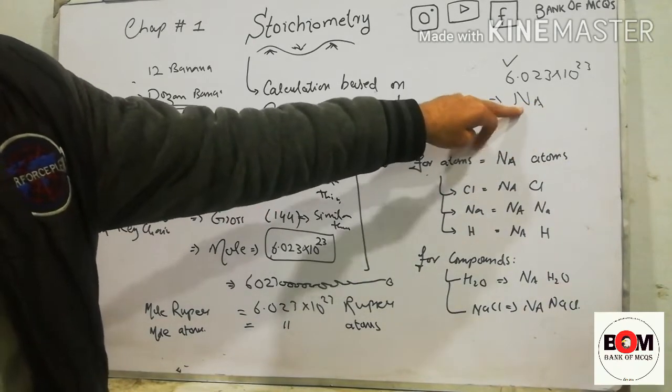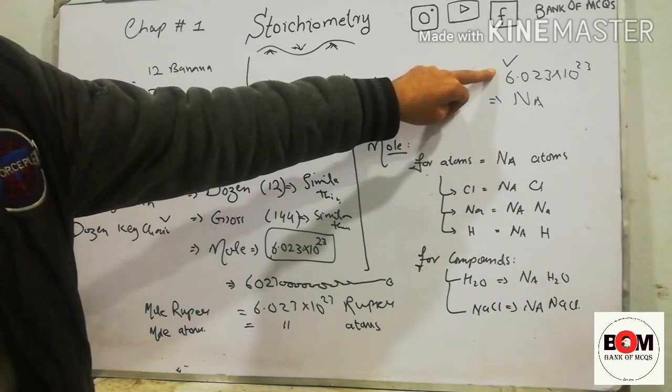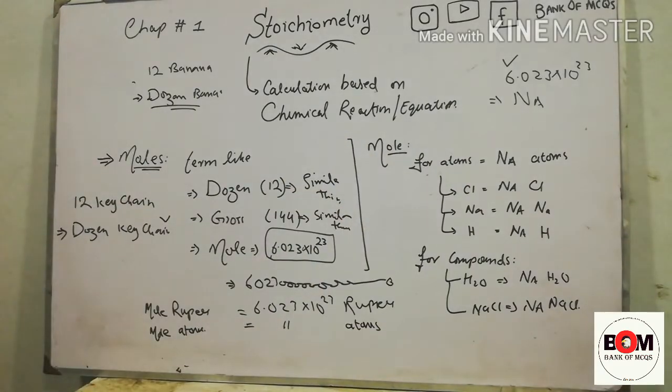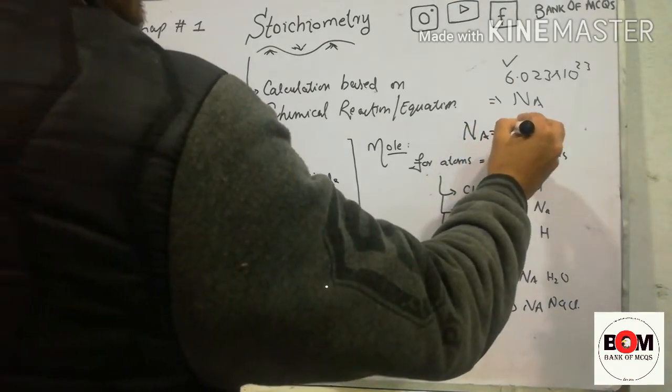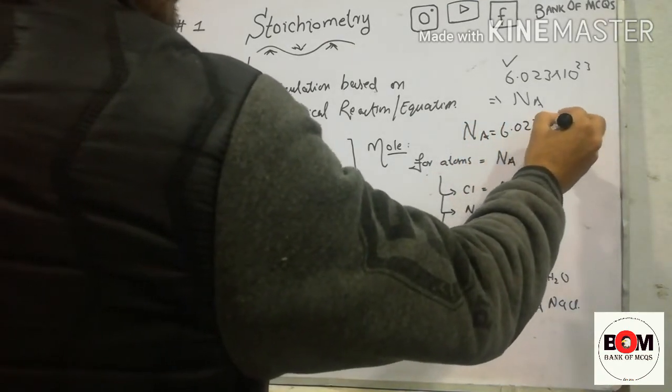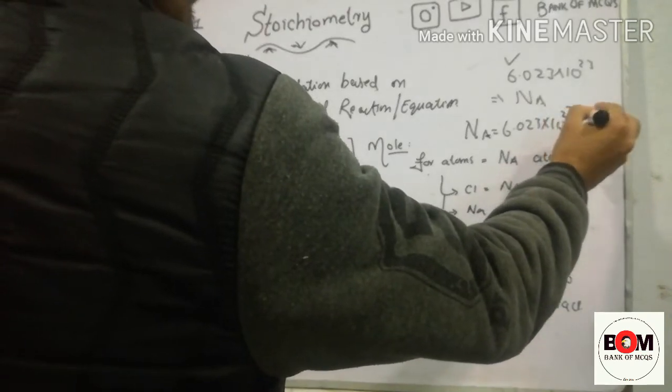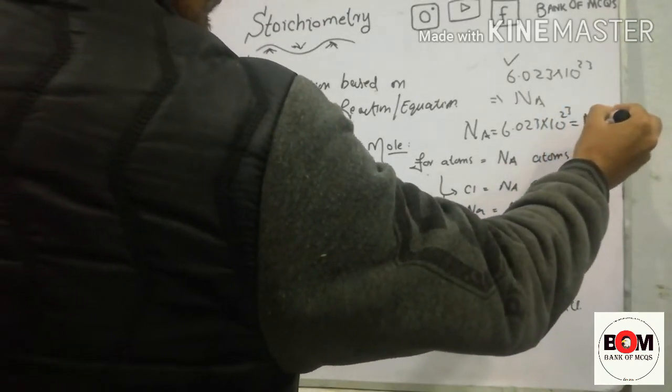So Na equals 6.023 multiplied by 10 raised to power 23, and that many similar things are equal to 1 mole. Remember this.